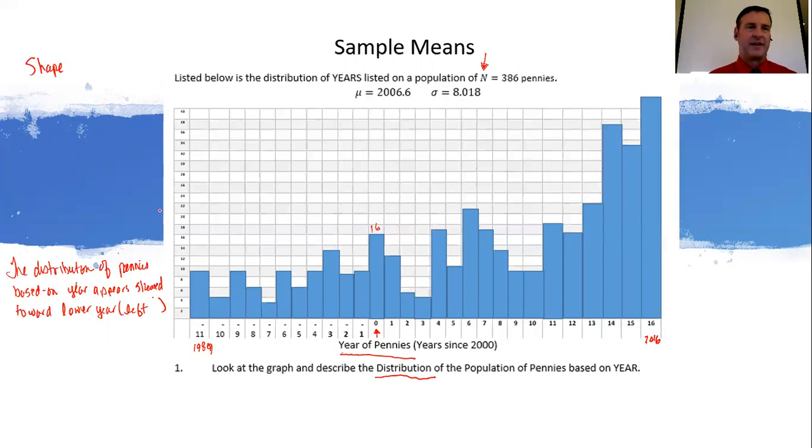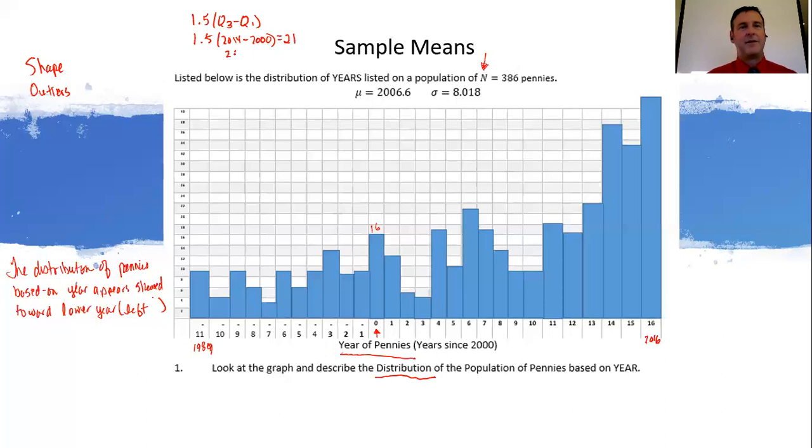Second thing is outliers. I will tell you that if you do an outlier test, doing 1.5 times Q3 minus Q1, you'll find that Q3 is the year 2014, and Q1 is 2000. And if you do all that math, you get 21.